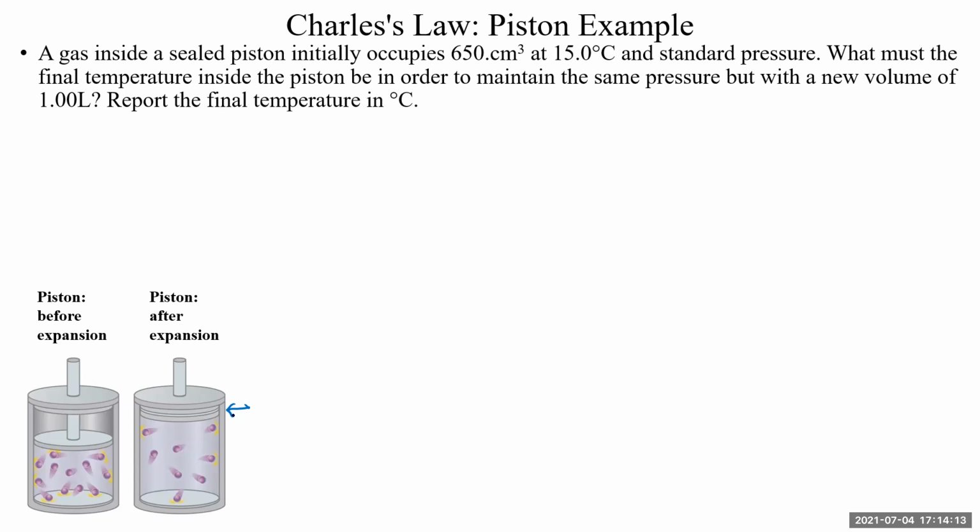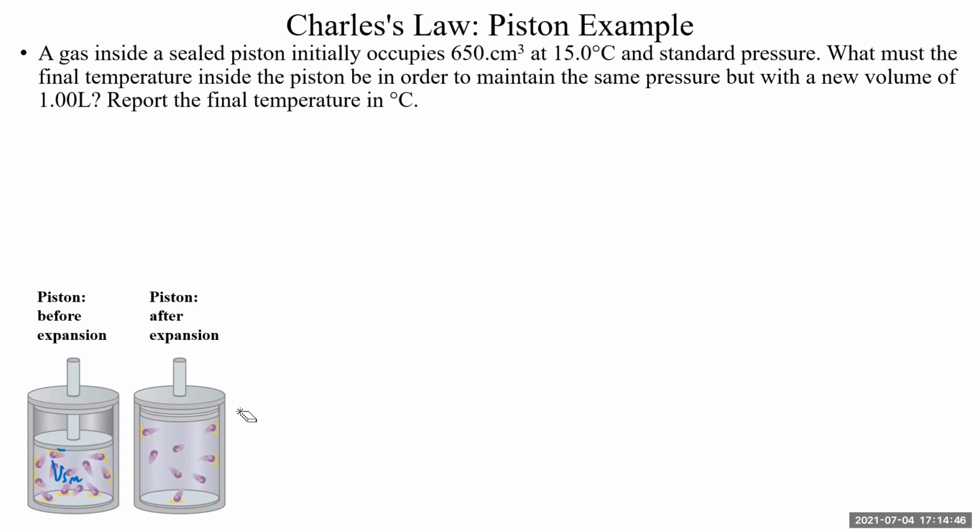They can be moved outward to create more volume, or a piston can be pushed down to compress a gas into a smaller volume. Small volume, big volume. So both balloons and pistons allow for a change in volume. That's why they're great Charles's law examples. In fact, I'm hard pressed to find any other real life example, other than just throwing numbers at you, that would be good for Charles's law. Balloons and pistons.